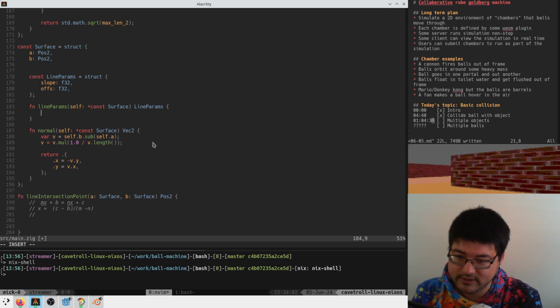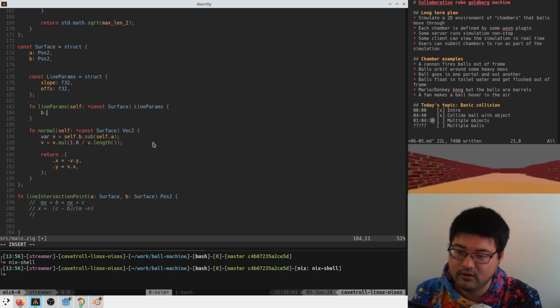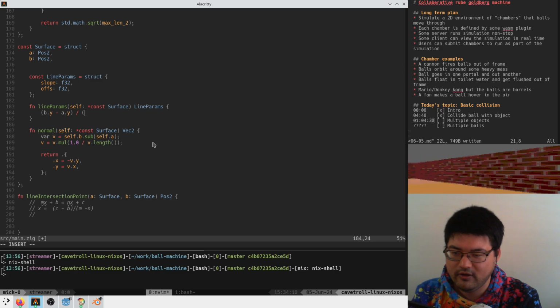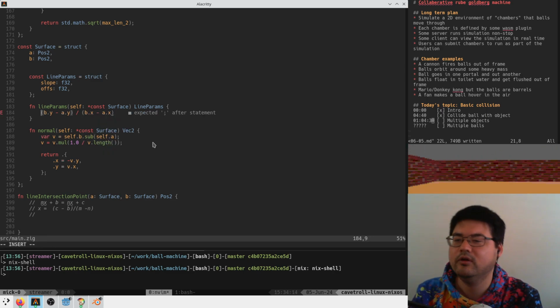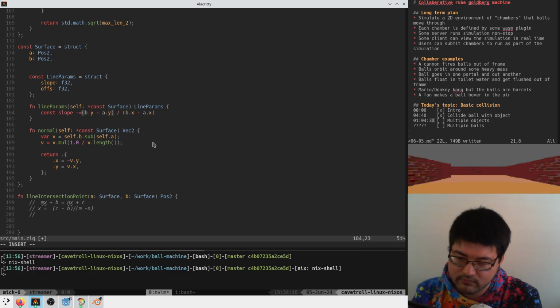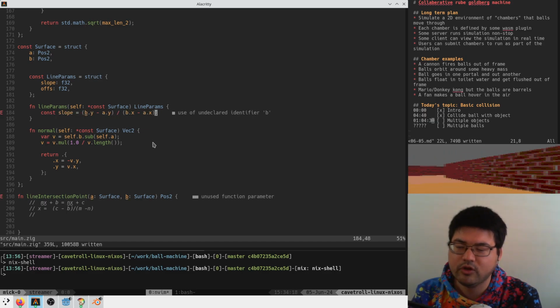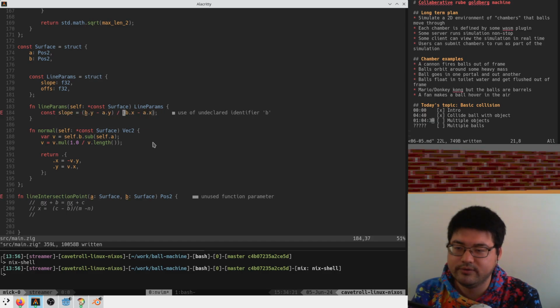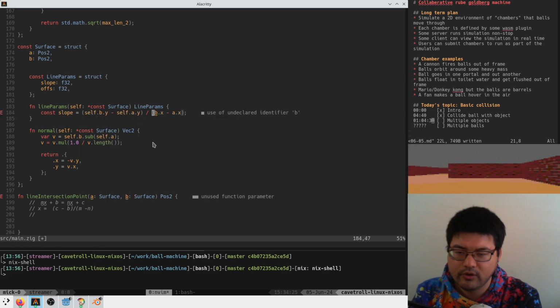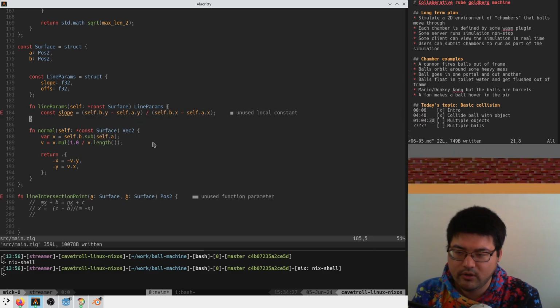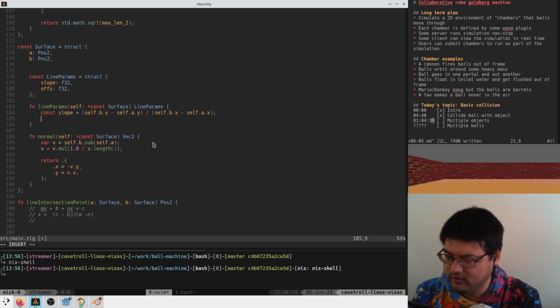The slope is by minus ay over bx minus ax. Should be self dot everywhere. And then what's the offset here?